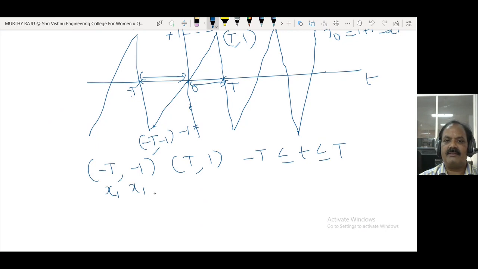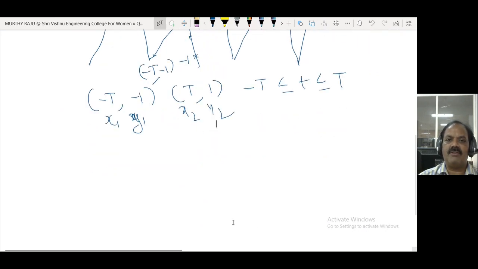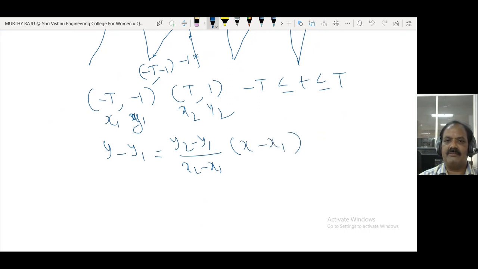Take the points x1, y1, x2, y2. According to the equation, y minus y1 is equal to y2 minus y1 by x2 minus x1 times x minus x1.